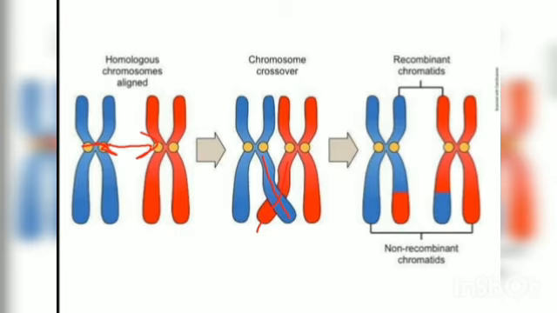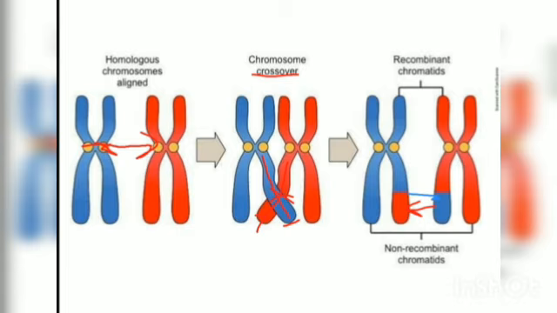That forms the crossover. And during crossover, some part of the chromatids gets exchanged with the non-sister chromatid. Look here, this red part has been exchanged with that blue part from the other chromosome. That exchange of chromatid parts causes recombination.